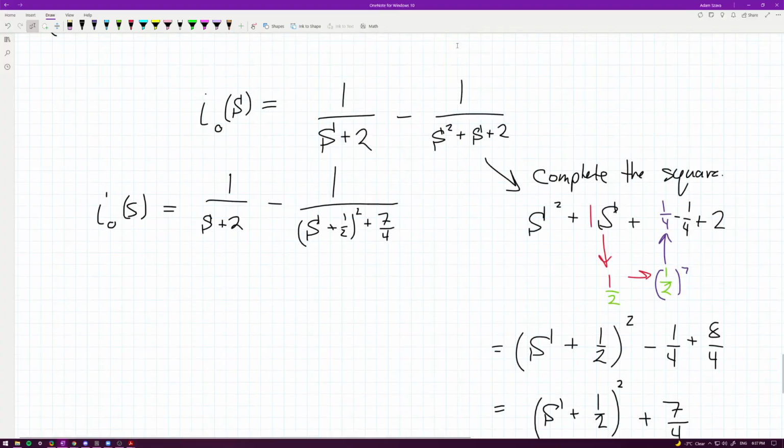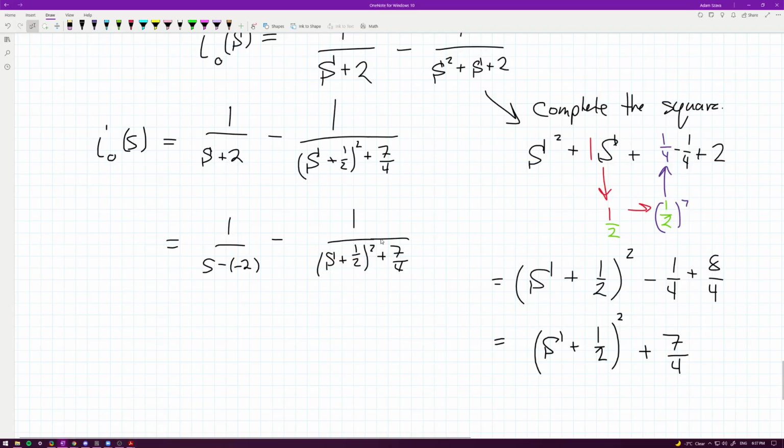Okay. And so let's just take this bit by bit here. So the first inverse Laplace would be the inverse Laplace of 1 over s minus a, right? So this is really 1 over s minus negative 2, minus this whole stuff, s plus a half squared plus 7 over 4, right?